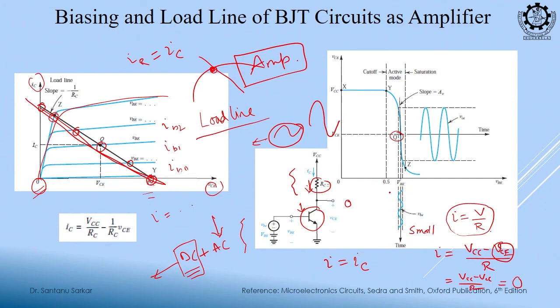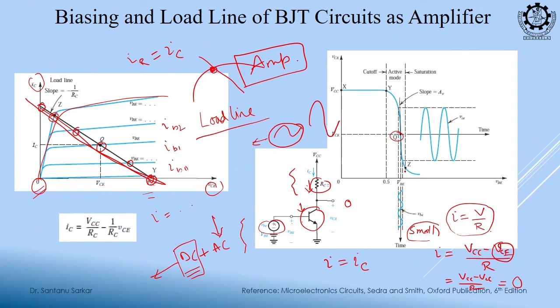Which signal? VBE. You see this input you are giving at the base-emitter, VBE, right, VAC, that is actually your VBE. This is a small VBE, meaning an AC signal, and this should be small. Why should it be small? Otherwise it will get out of the active region.